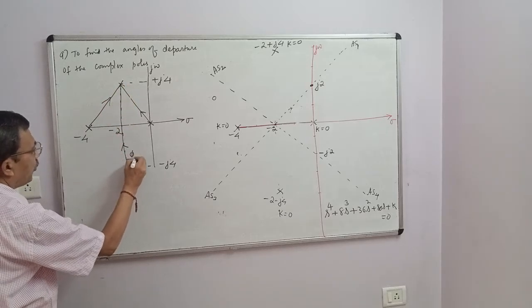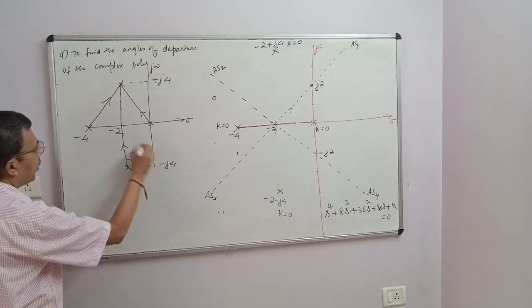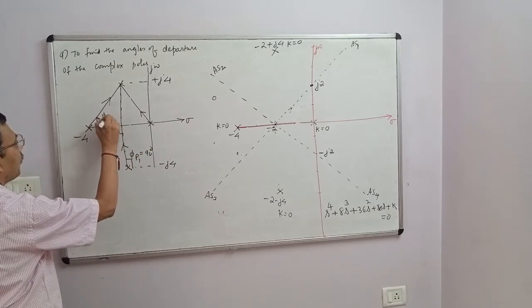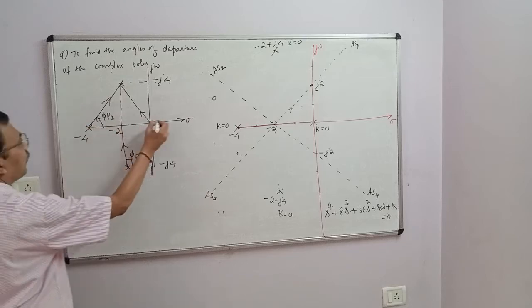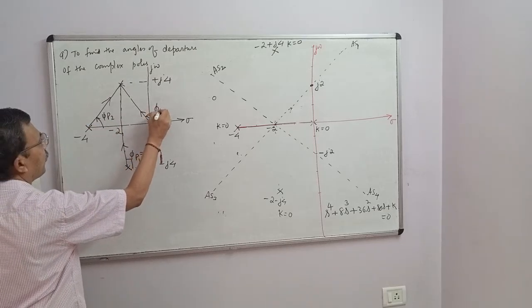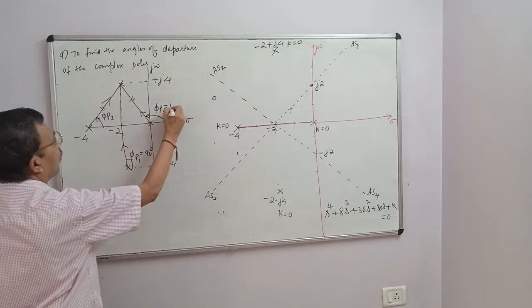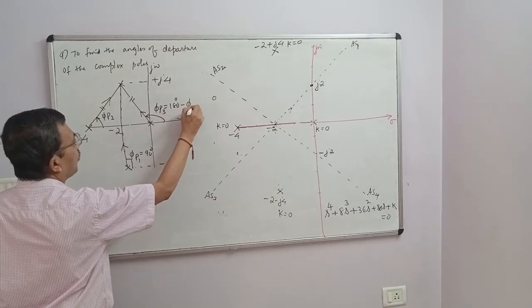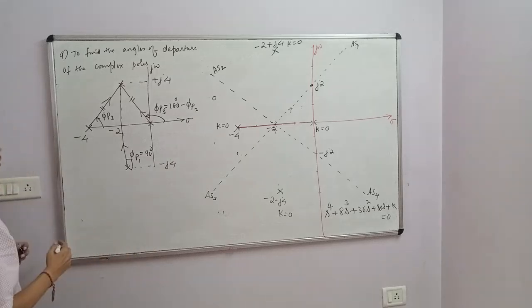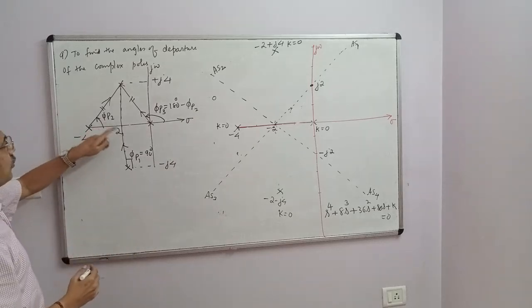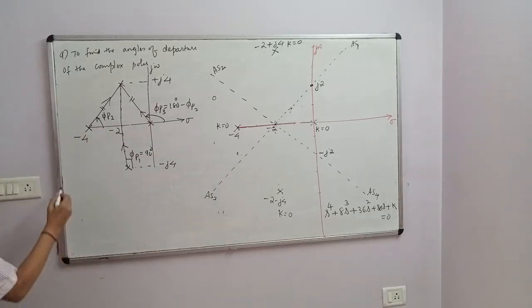This angle phi p1 is equal to 90 degrees. This is the angle phi p2. This is the angle phi p3. This is an isosceles triangle. Phi p3 is equal to 180 degrees minus phi p2. So that means phi p2 plus phi p3 is 180 degrees.